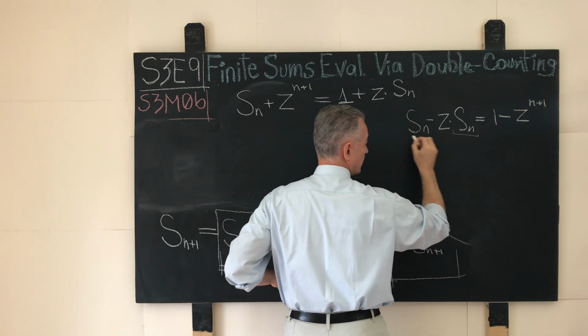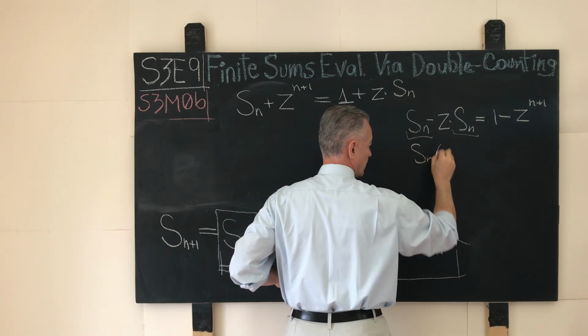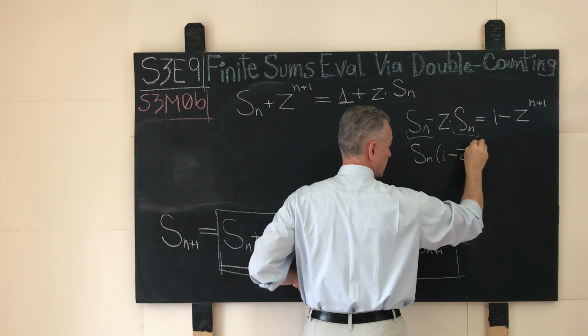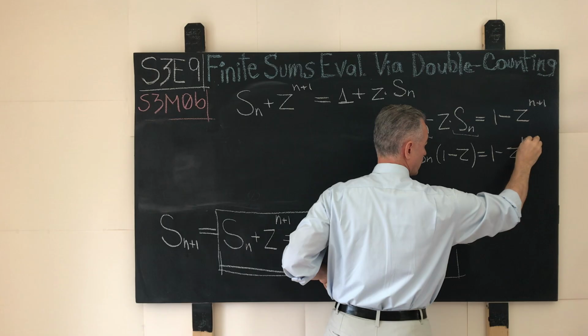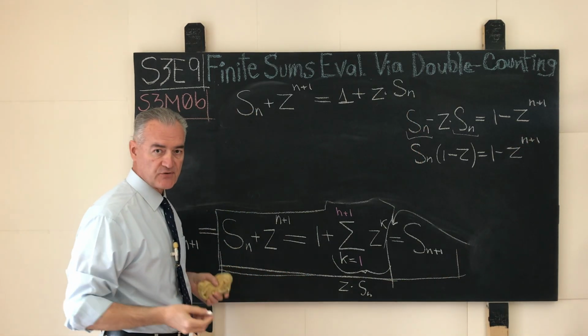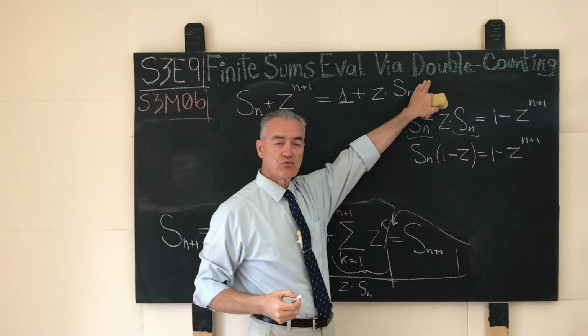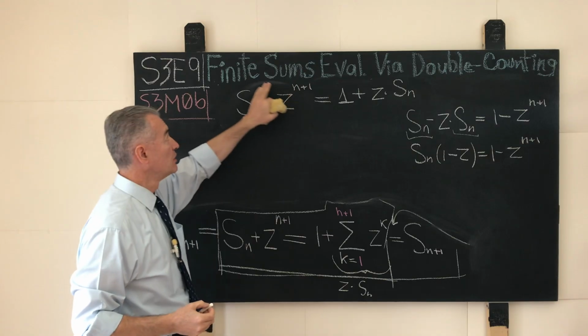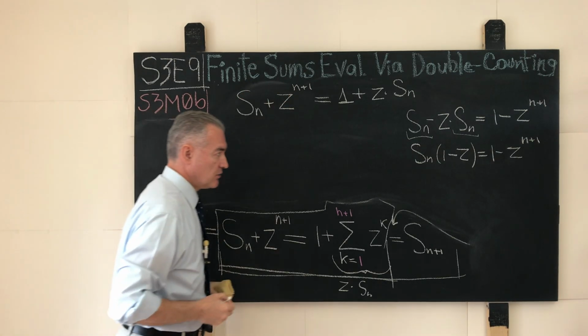Here we factor out one and the same common term: Sn times 1 minus z is equal to 1 minus z to the power of n plus 1. All these manipulations are straightforward. You see how that double counting approach applied to evaluation of finite sums works?